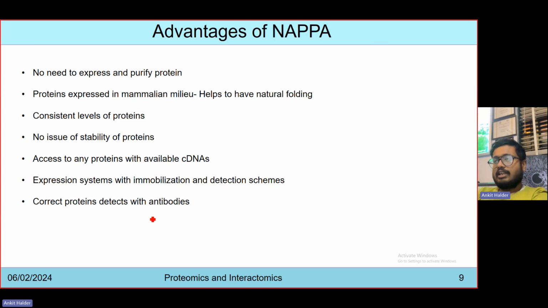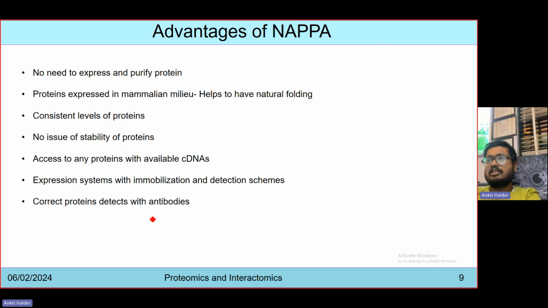So for example, the advantages of NAPPA over other methods: there is no need to express and purify proteins. Proteins are expressed in a mammalian milieu, because we are giving either a yeast extract or the rabbit reticulocyte, which gives you the equivalent mammalian milieu.